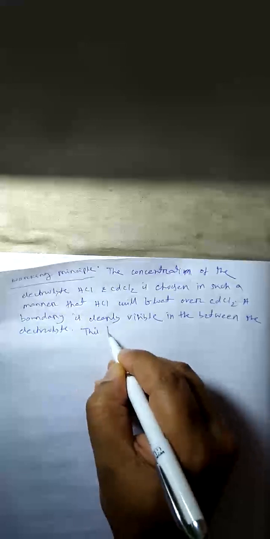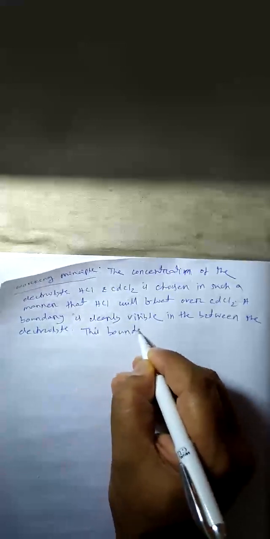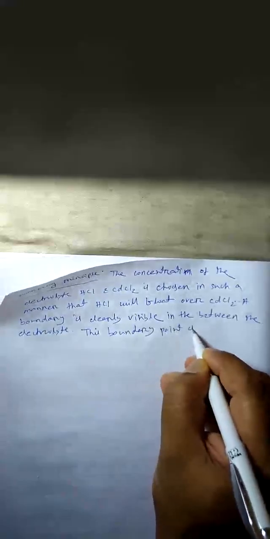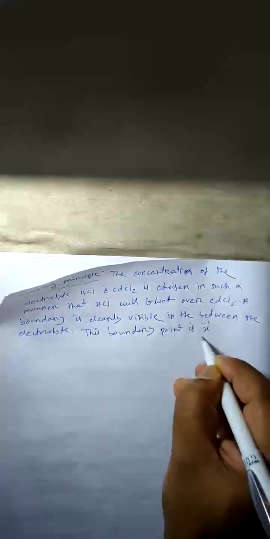This boundary point is X. That means this is the principal electrolyte HCl and this is the cadmium chloride indicator electrolyte.